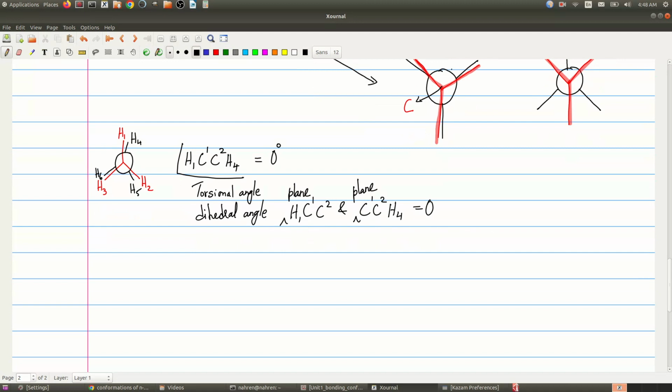Now let me draw what happens if you change this torsion angle by 60 degrees.